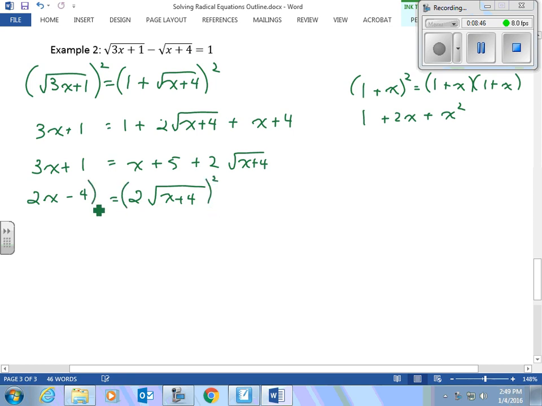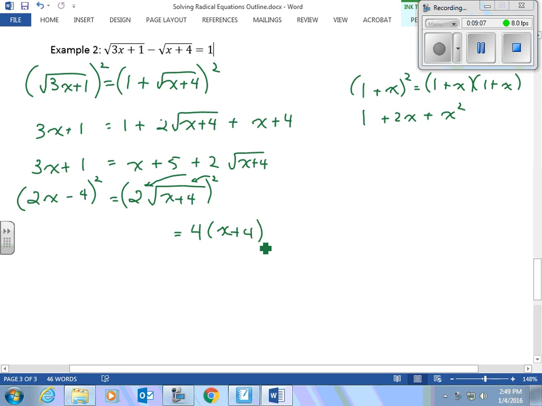square both sides. Okay, so this time when we square the right side, it's the easier one. Remember that you need to square this coefficient as well as squaring the radical. So we end up with 4 times x plus 4 when we square the right.